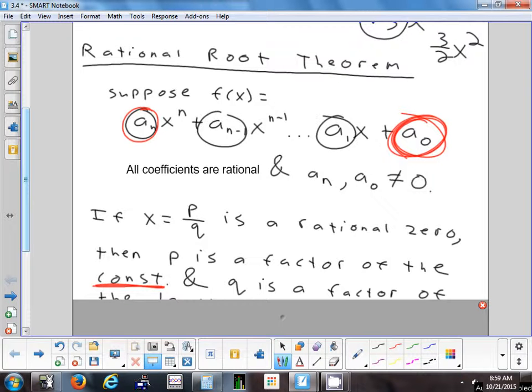All right, so let's say the constant was 6. A factor of 6 is all the numbers that divide into 6 without a remainder. 1, 2, 3, 6, and all the negatives: -1, -2, -3, -6.